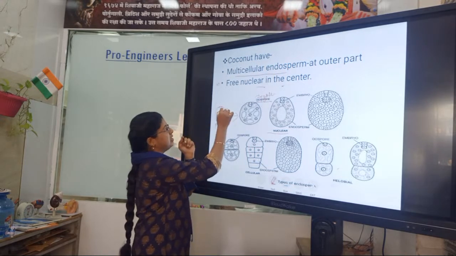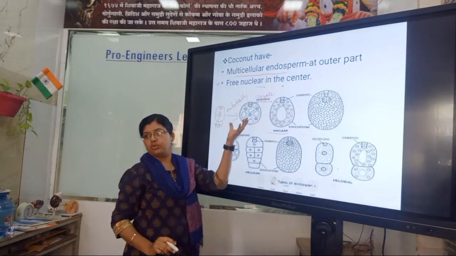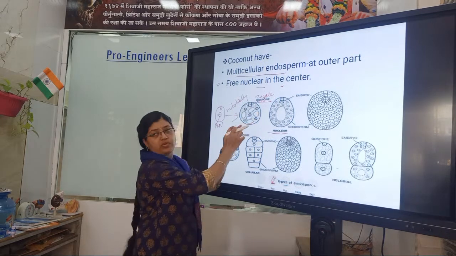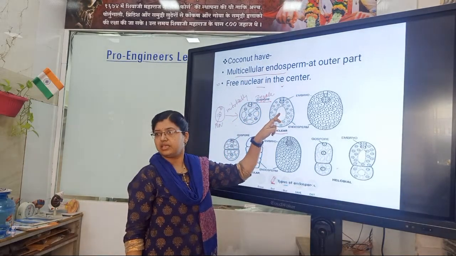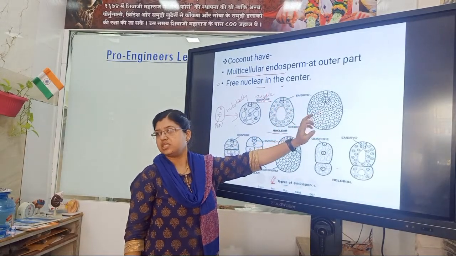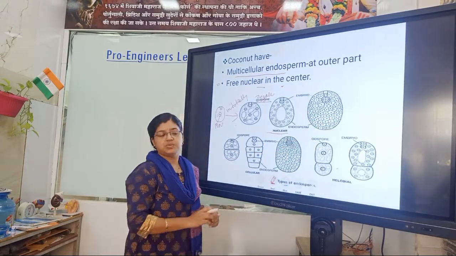It divides mitotically to form free nuclei at the periphery, and the vacuole is present at the center. Then cell wall formation occurs, and the multicellular endosperm is formed. Clear so far?